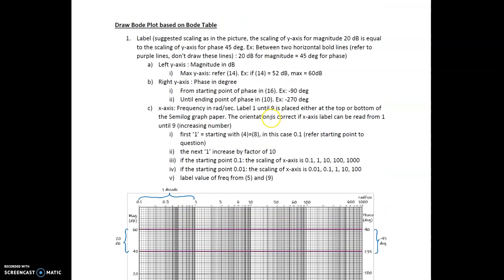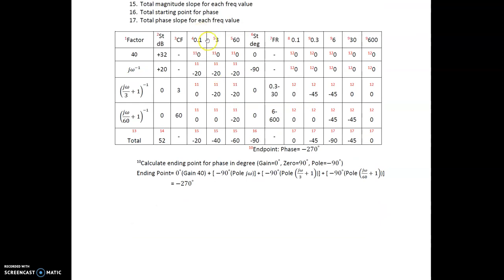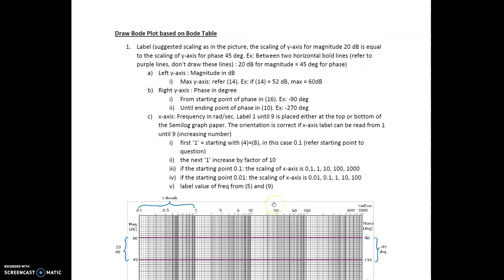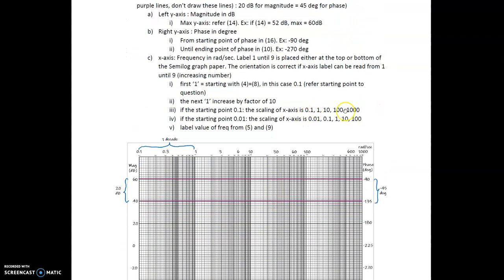So back to the table, and then you label the frequency for 5 and also 9. All the frequencies in 5 for magnitude and all the frequencies of 9 for phase. You should label all. Besides this scaling, you should label another frequency in 5 and 9.